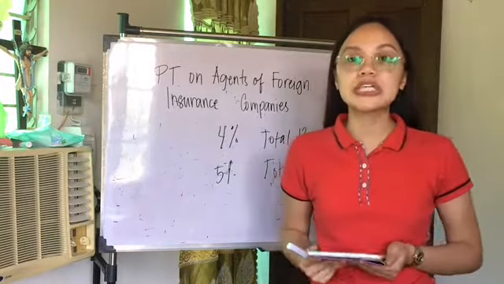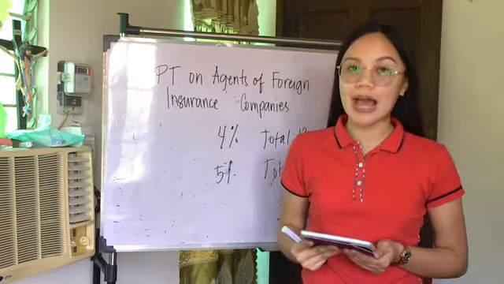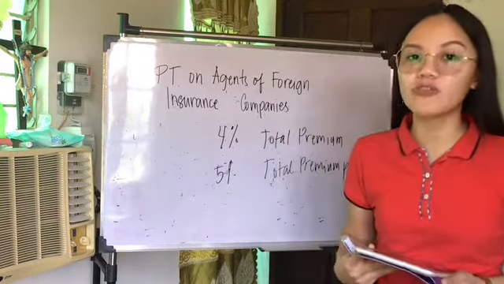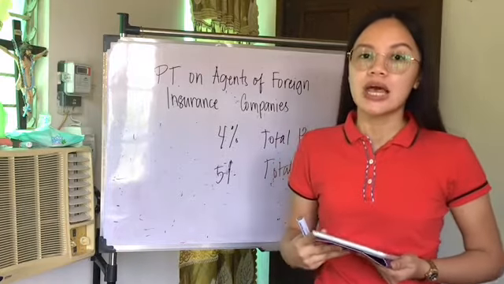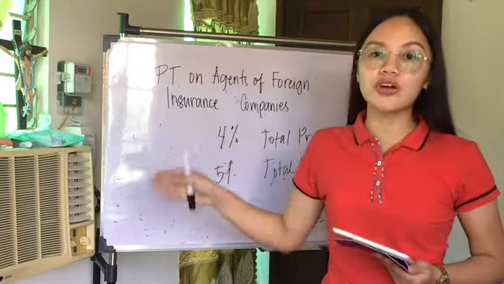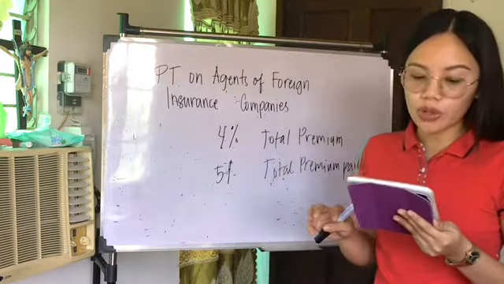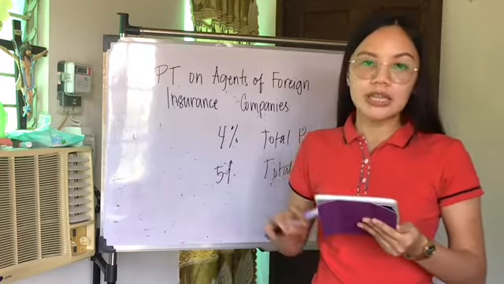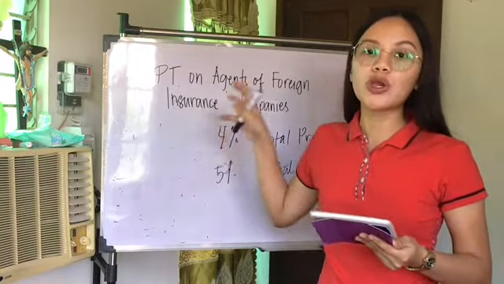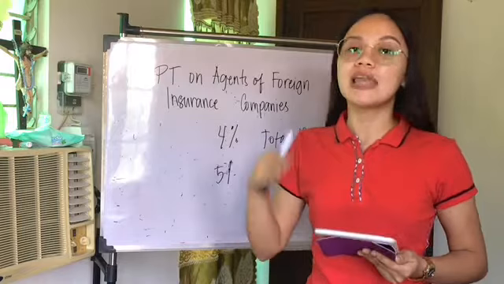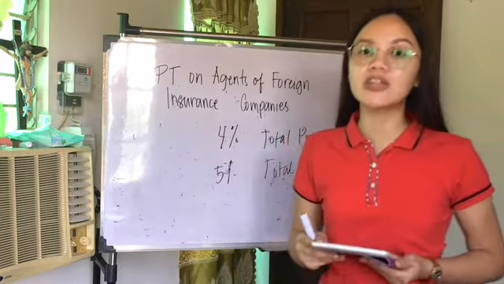Now, let us proceed to the next percentage tax. What is it? That is your percentage tax on agents of foreign insurance companies. So, these are your authorized insurance agents by your Insurance Code of the Philippines, wherein they are allowed to procure policies of foreign insurance companies that are not allowed to transact business here in the Philippines.